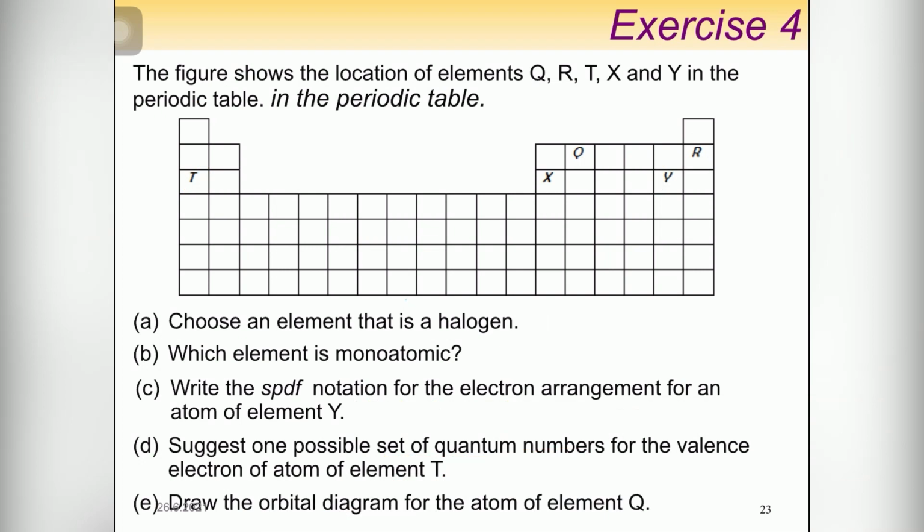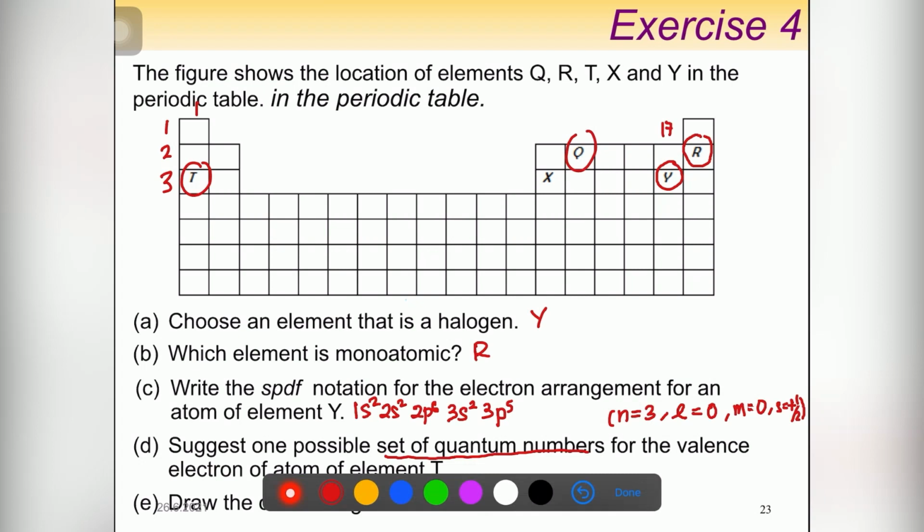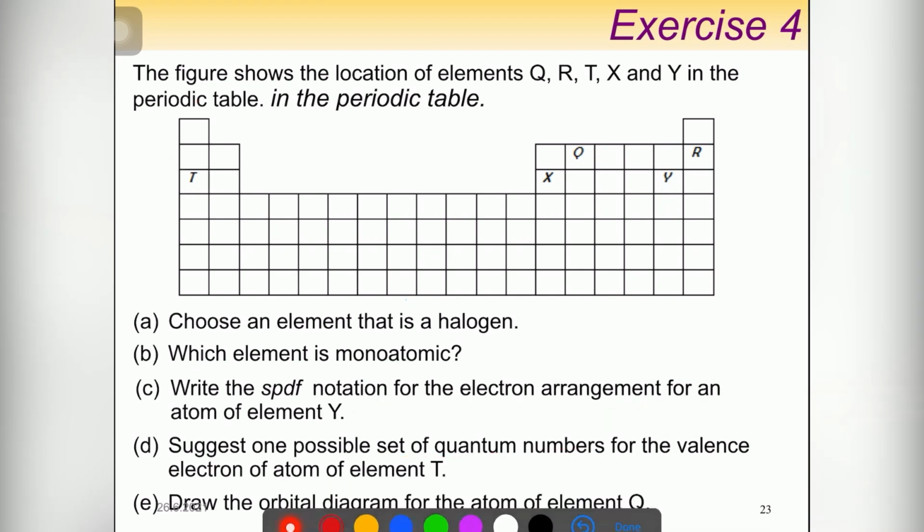Okay, the last question is to draw the orbital diagram for the atom of element Q. Same as question C, but this one needs you to give the electronic configuration in the form of an orbital diagram.